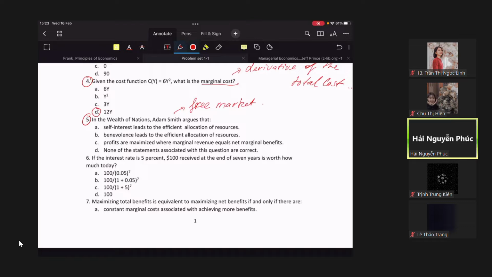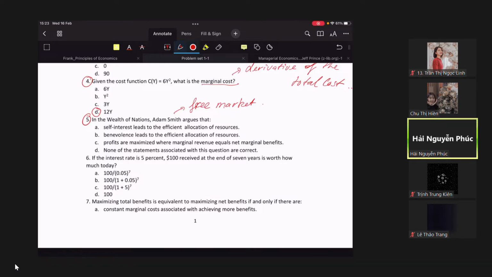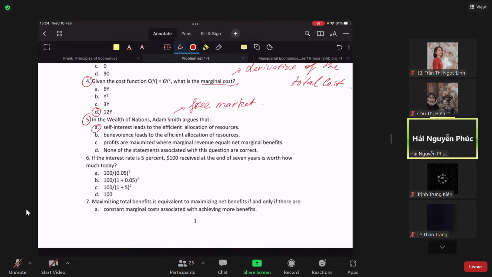So what do you think? A, B, C, or D? Yeah, that's correct. The key argument of Adam Smith is that all people are self-interested, and the market is an invisible hand that coordinates people and leads to efficient allocation of resources, right?